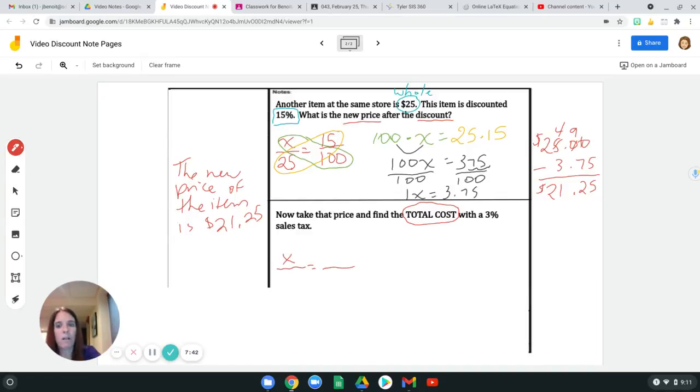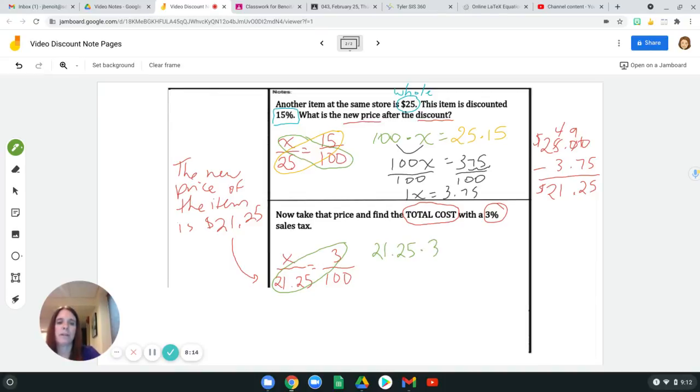Our whole is now the $21.25. Our percent of tax is 3, and this is always 100. So there's this added step, right? We found out how much it costs with the discount, but not with the tax. So let's see what happens with the tax, where that puts us. All right, numerator times opposite denominator. Oh, I went the other way first. That's okay.